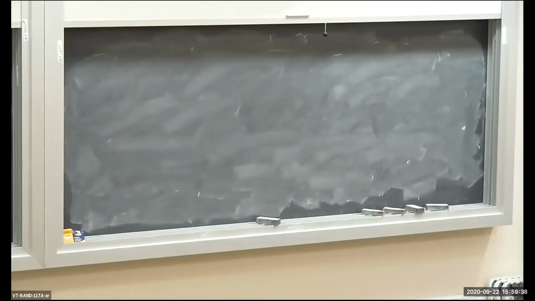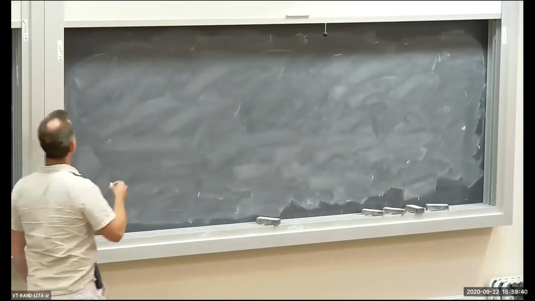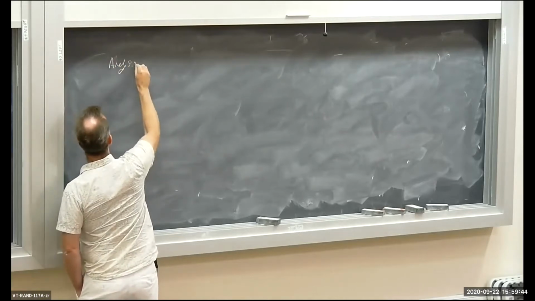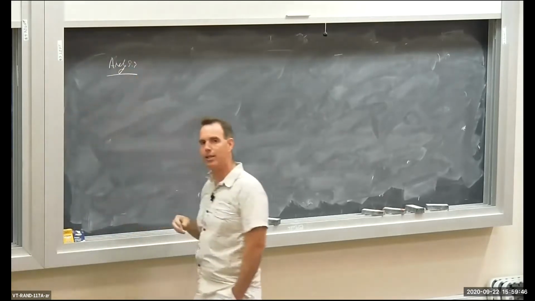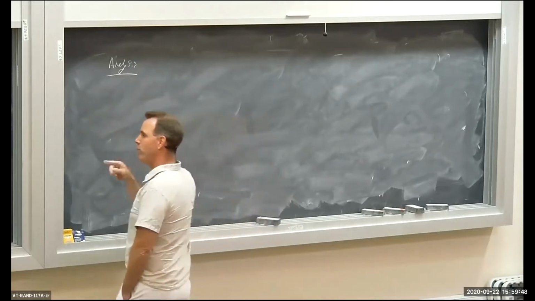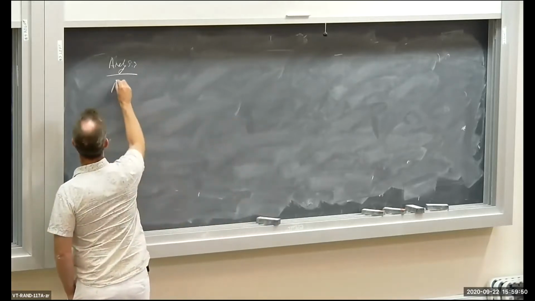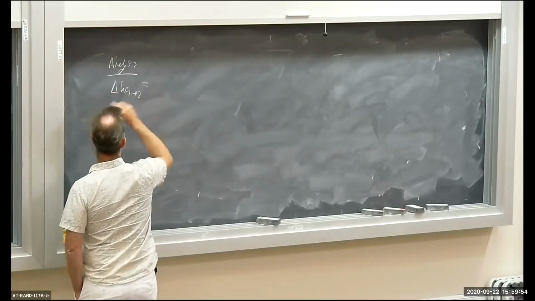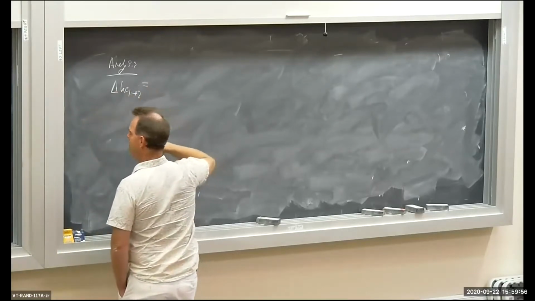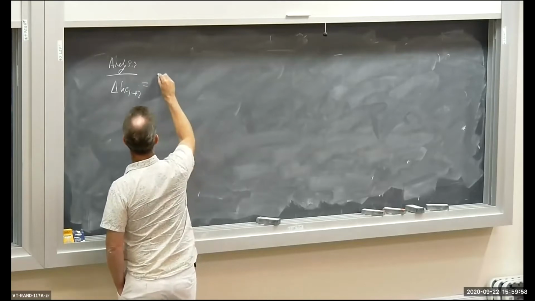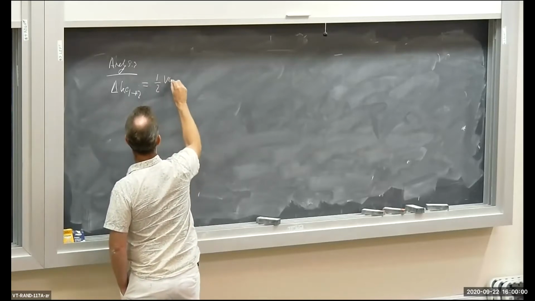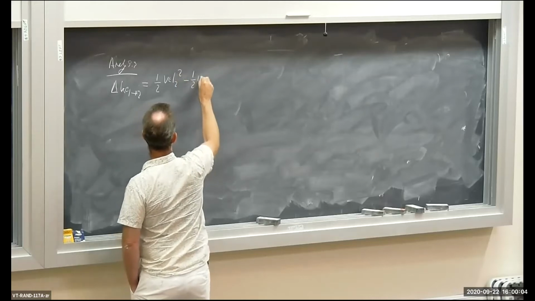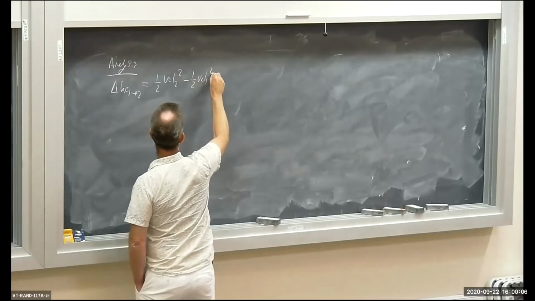So the first thing I want to do in the analysis is calculate the change in specific kinetic energy between the inlet and the outlet. So delta KE from location 1 to location 2 is 1/2 velocity at location 2 squared minus 1/2 velocity at location 1 squared.